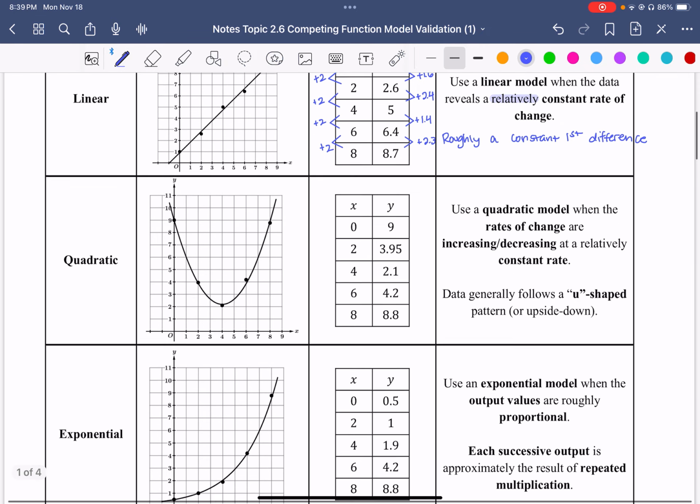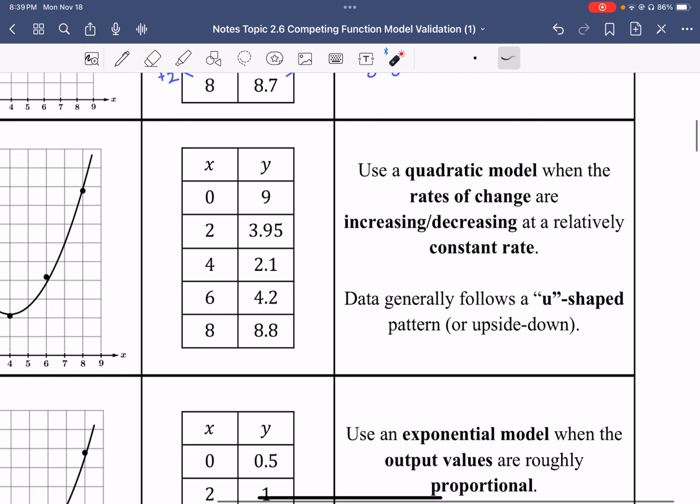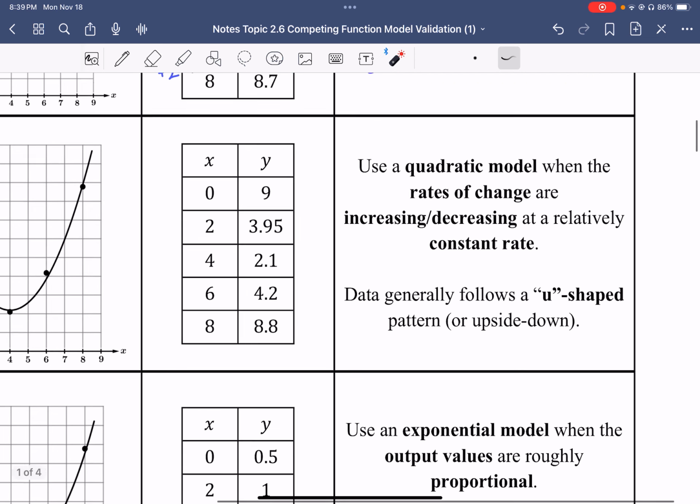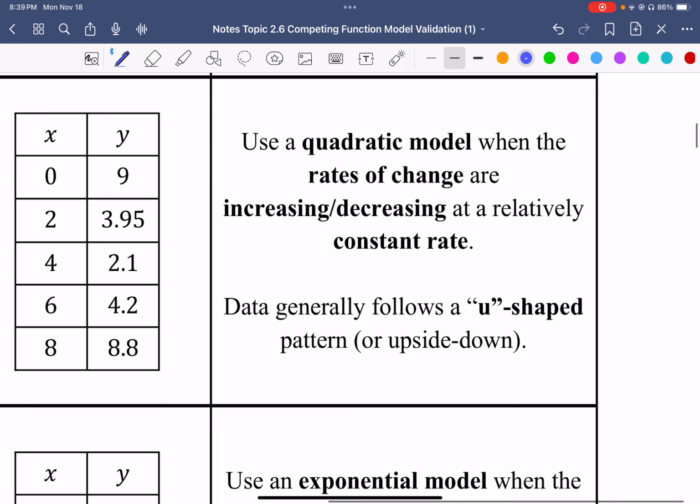Okay. Next up, we have quadratic. We know that looks like a parabola. It could be facing up or it could be facing down, depending on what the leading coefficient is. And then here is an example table. You use a quadratic model when the rates of change are increasing or decreasing at a relatively constant rate. So again, the keyword here being relatively.